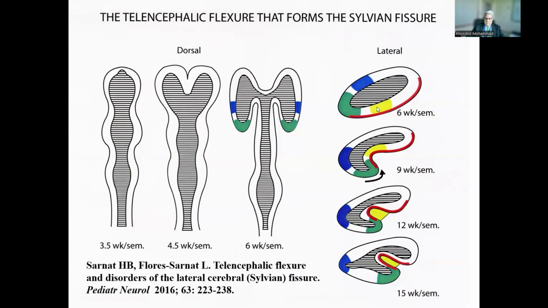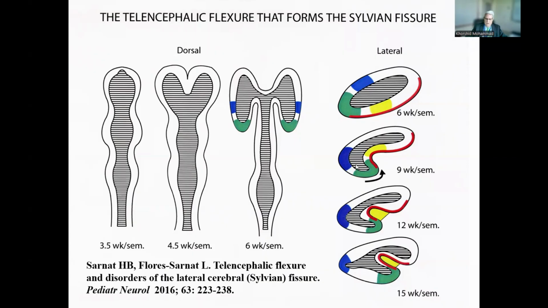And the more ventral part of the primitive telencephalon becomes folded inward as the insula, as the operculum is forming and will form the sylvian fissure, eventually outlined in red. One other feature that you should notice in this cartoon is that the occipital horn of the ventricle is the last part of the lateral ventricle to form, and you'll see why that's important later.